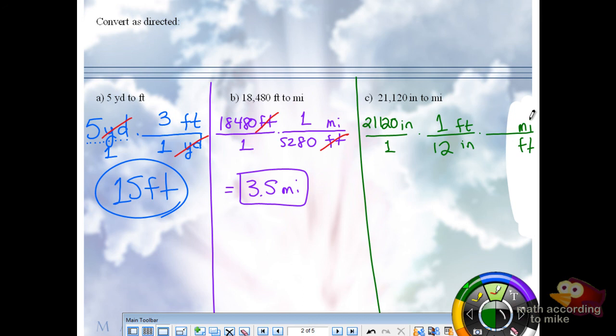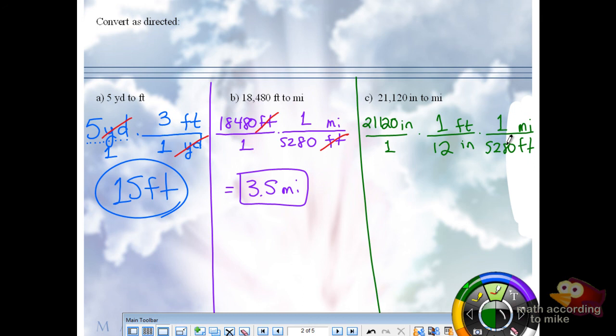How many miles and how many feet? So 1 mile is 5,280 feet. So we needed 2 unit fractions here to go from inches to miles because we're not given how many inches are in a mile.